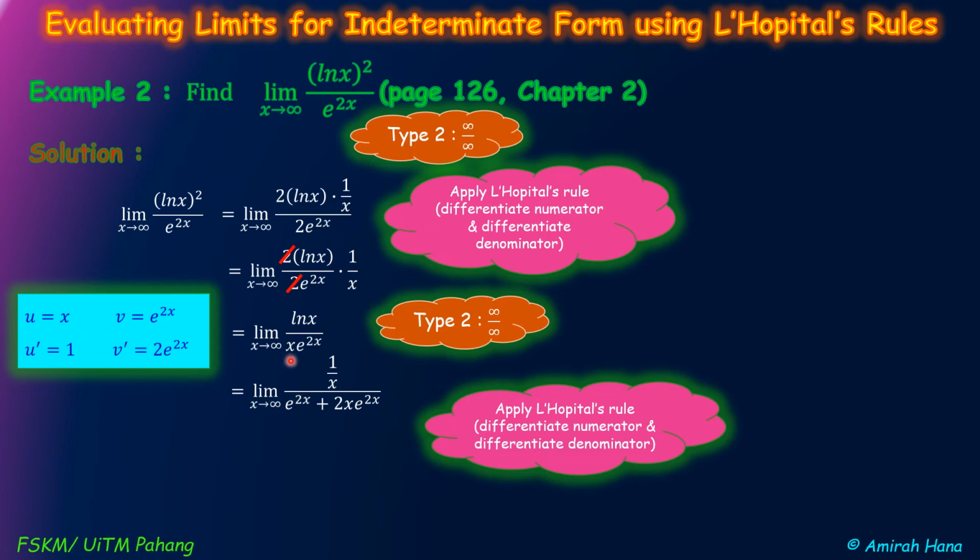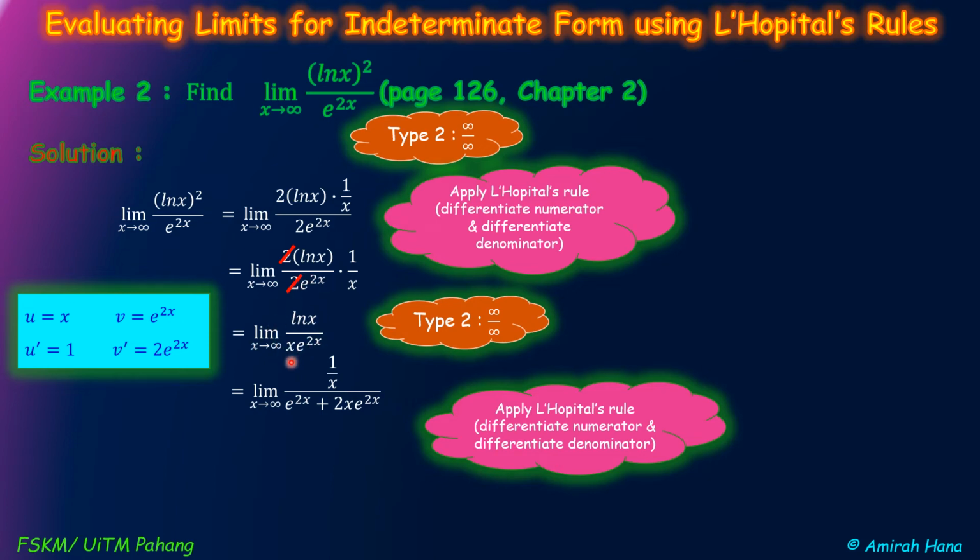Our u is x and our v is e to the power of 2x. We can use the product rule, but we never use the quotient rule. So in L'Hopital's rule, we can use the product rule, but in the first step the function should be in terms of a fraction.